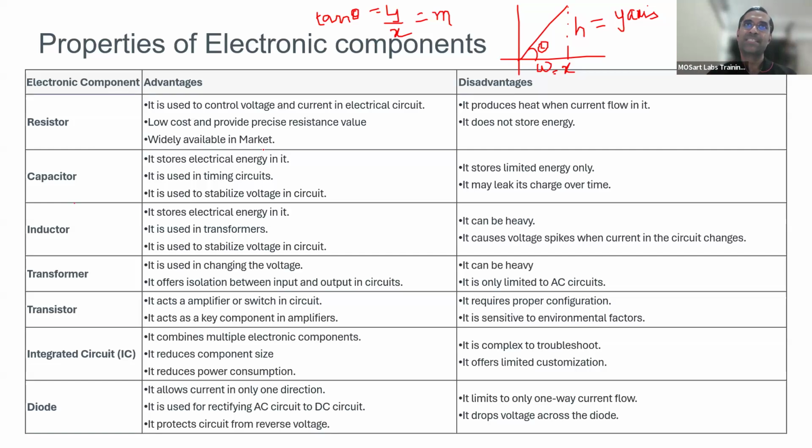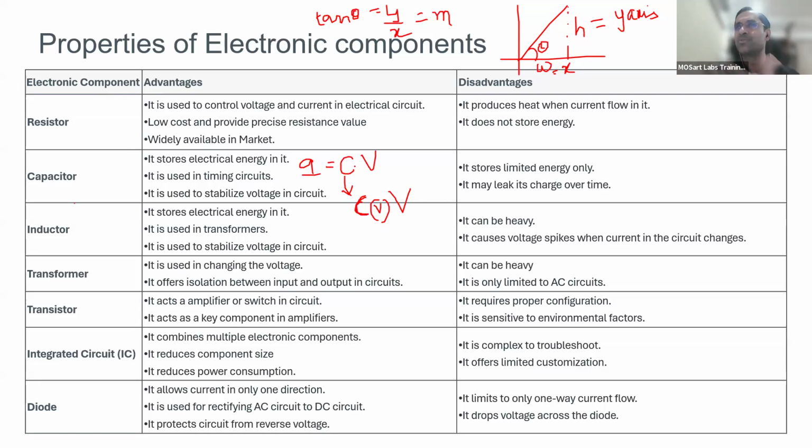Similarly, you can have capacitance, or Q charge, which is capacitance into your voltage. Keep in mind, practically there may be capacitors which are a function of voltage itself. These are non-linear capacitors. Typically, MOSFET capacitors are non-linear.